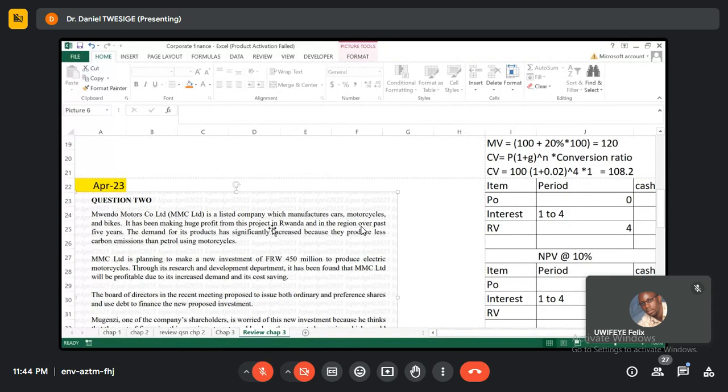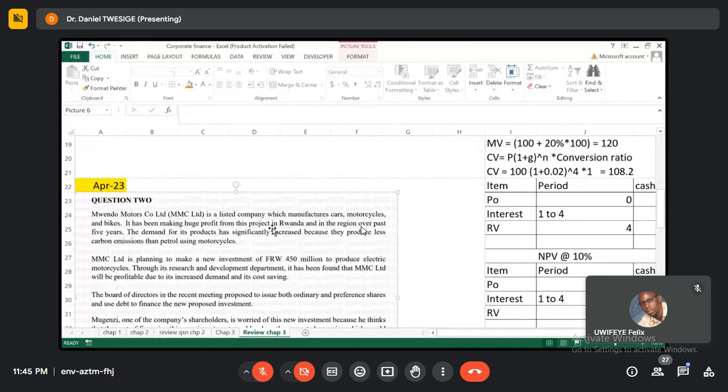Mwendo Motors Company Limited is a listed company which manufactures cars, motorcycles, and bikes. It has been making a huge profit from this project in Rwanda and in the region over the past 5 years. The demand for its products has significantly increased because they produce less carbon emission than petrol motorcycles.